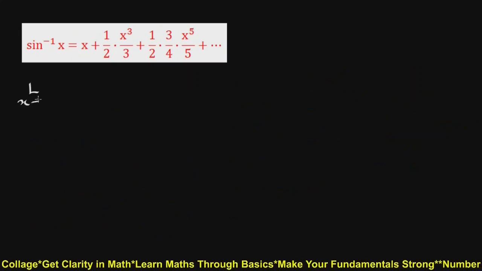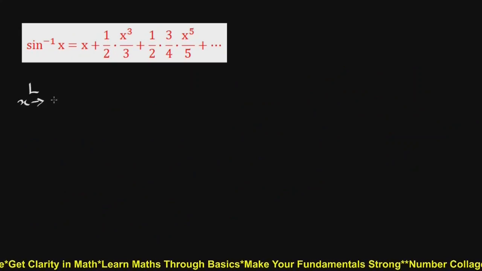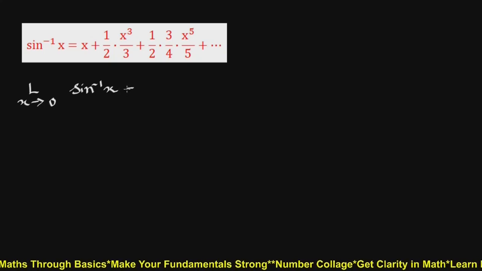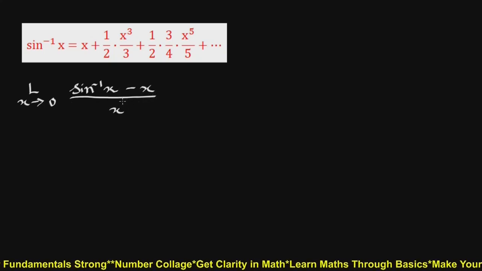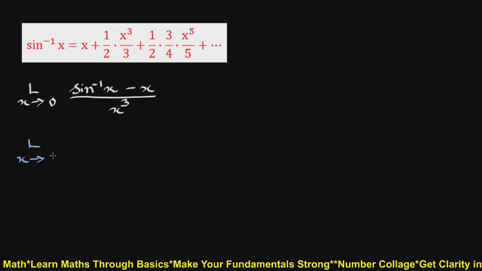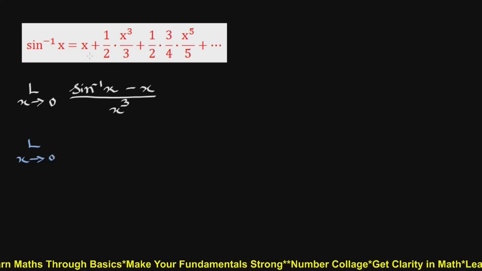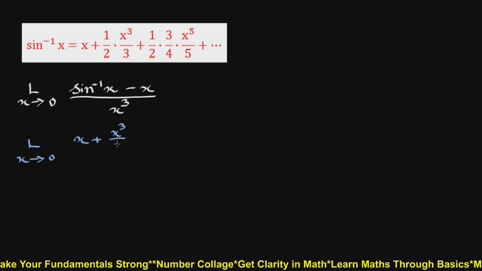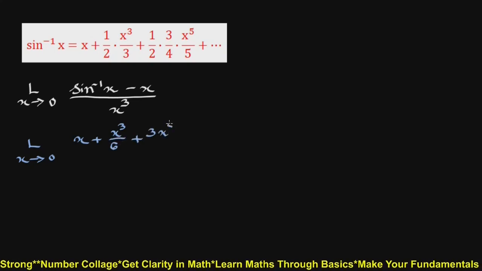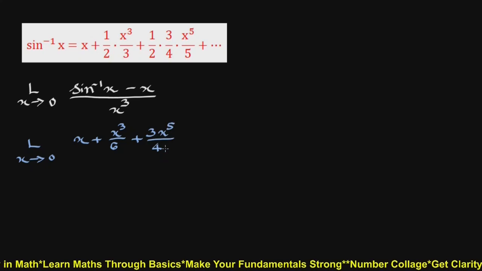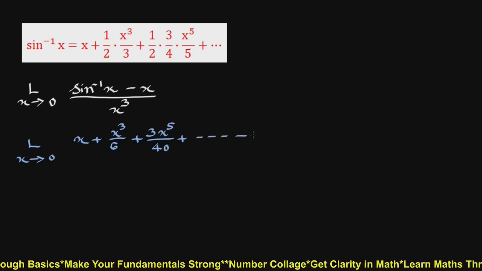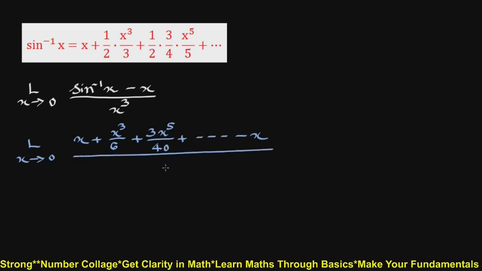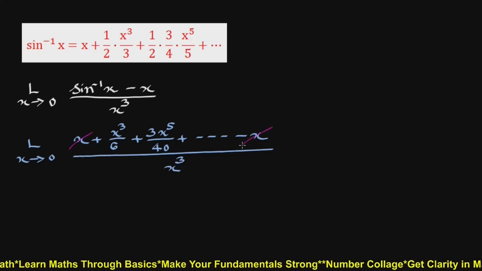Evaluate limit as x tends to 0 of (sin inverse x minus x) upon x cube. Expansion of sin inverse x is given here: x plus x cube upon 6 plus 3x raised to 5 upon 40 plus so on and so forth, minus x, upon x cube. x minus x is 0.